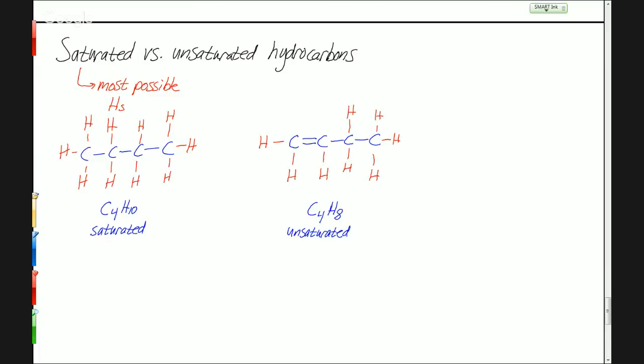There's one other way that you can have fewer than the maximum number of hydrogens, and that's if you connect things in a ring. So if we make a cyclobutane, and we add enough hydrogen so that each carbon has 4 bonds, we once again have fewer than 10 hydrogens, so we have C4H8 again.